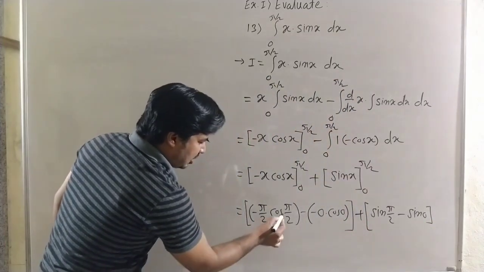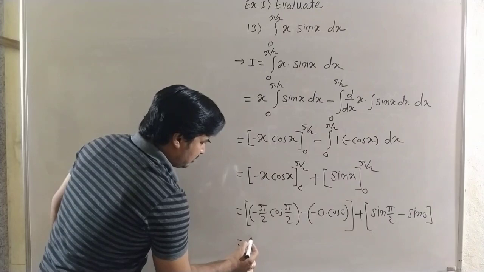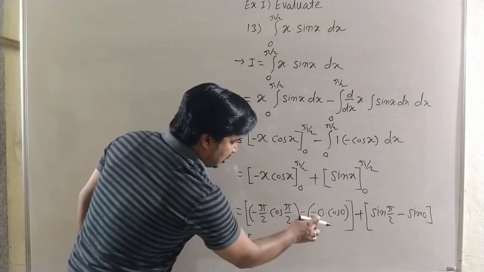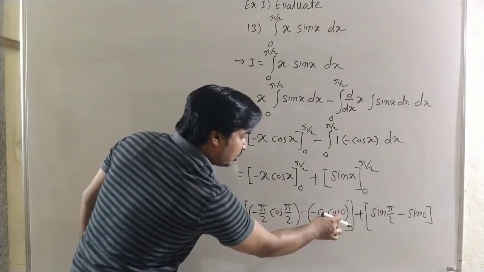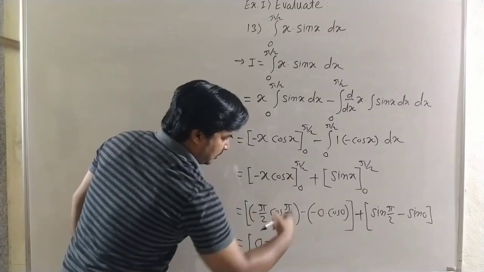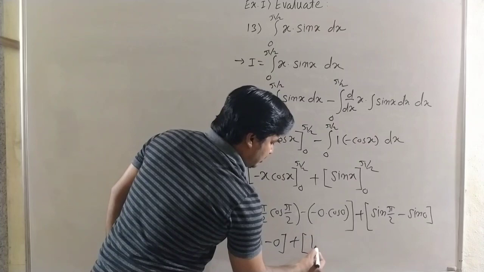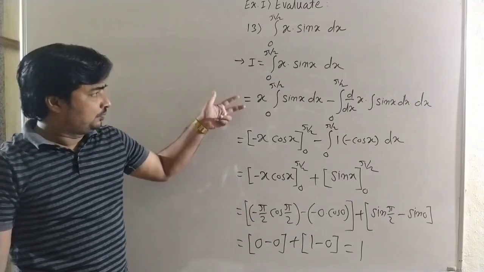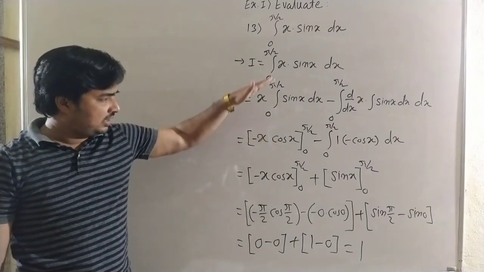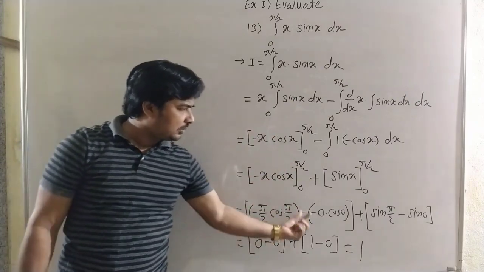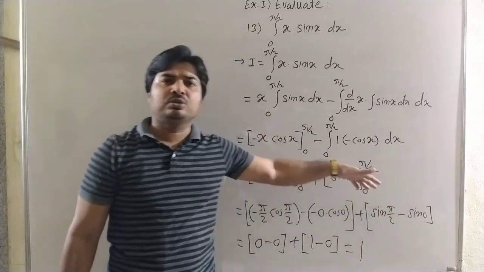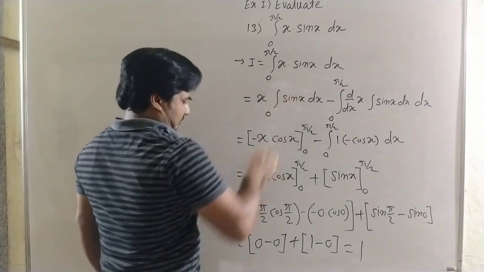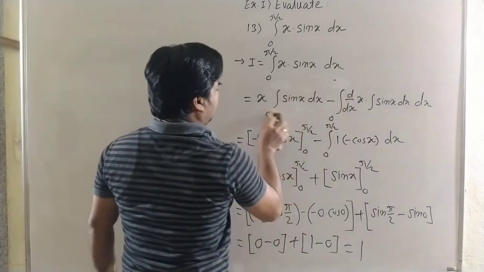Now here cos 90 is 0, so the first term will be 0. Then this 0 into cos 0, it is 1, but it is 0 into, again it is 0. Now plus sin π/2, it is 1 minus 0, and then the last answer is 1. See carefully this. Here, instead of keeping the limit separate, find the integral once and put the limit once. That means you don't need to write upper limit minus lower limit twice; writing it once is enough. Directly find the integration. Okay, the last answer is 1. Do not write the limit.